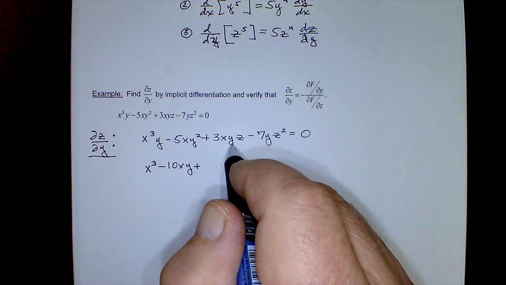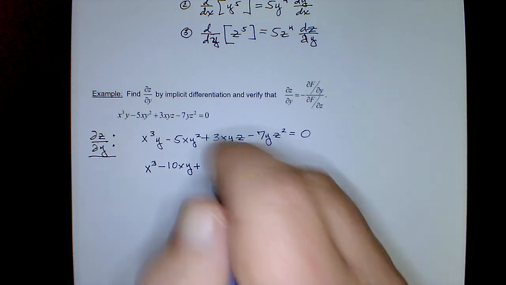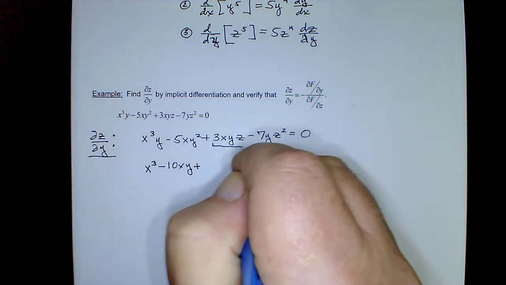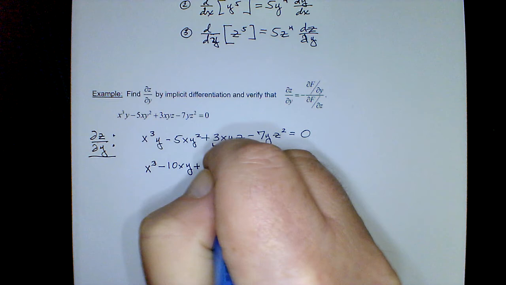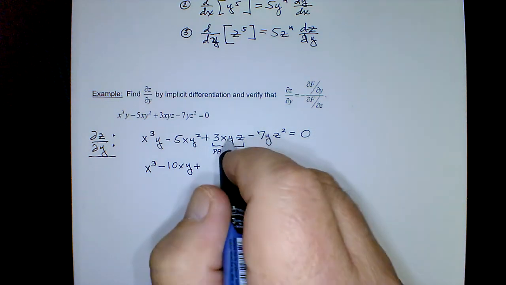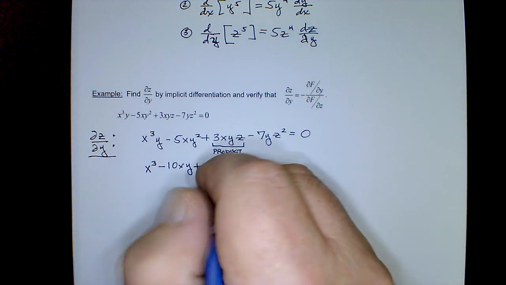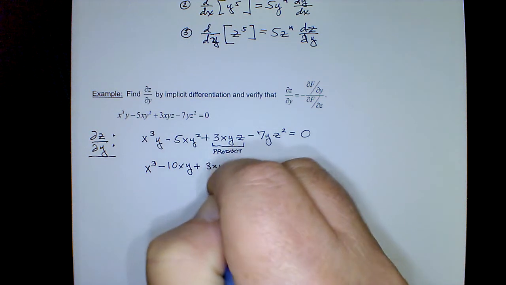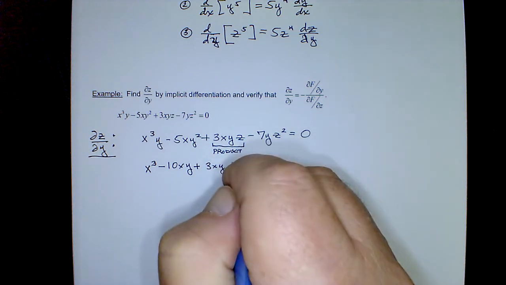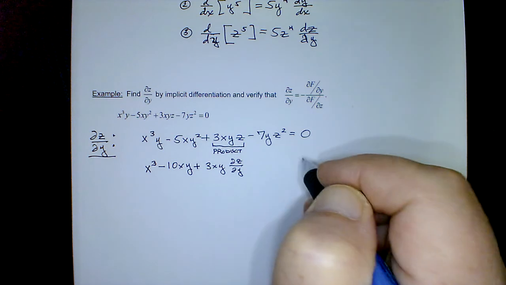But now we have to consider in this next term that x is being held as a constant, but y is the variable that we're differentiating with respect to, and z is a function of both x and y. So for this term, we're going to need the product rule. So I'm going to treat the first factor as 3xy, because x is a constant. So I'll have the first 3xy times the derivative of the second, and now that's the partial of z with respect to y.